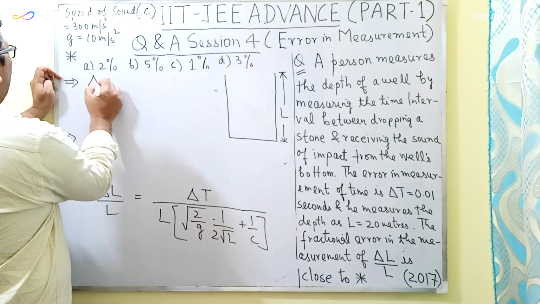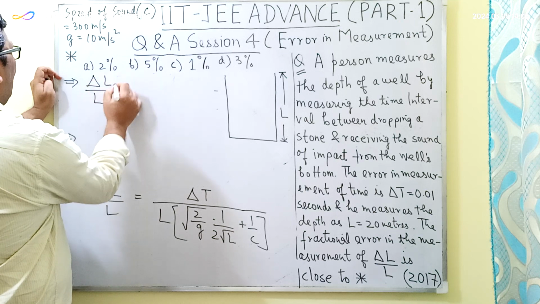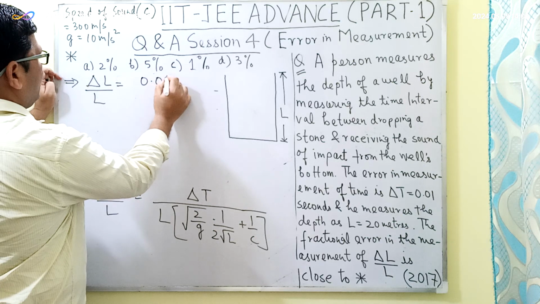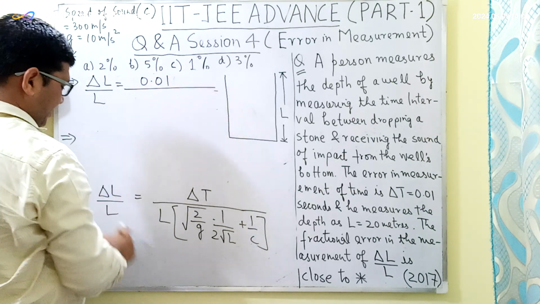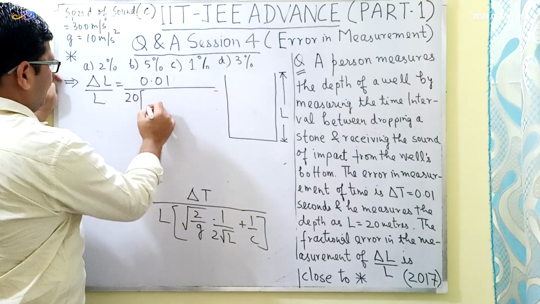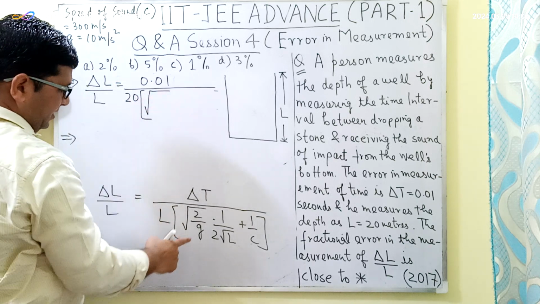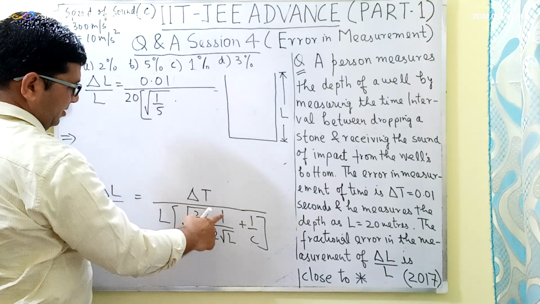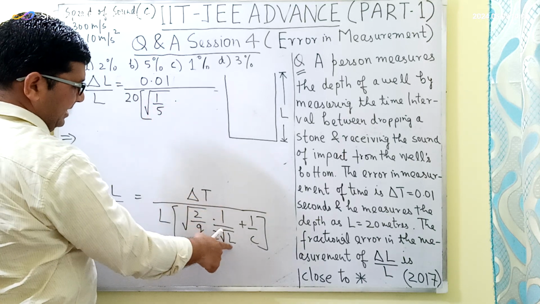So it implies that delta L upon L will be equal to, delta T is equal to 0.01 divided by L is equal to 20. This is equal to root 2 upon G. So G is 10, so this will be equal to 1 by 5 into 1 upon 2, L is 20.